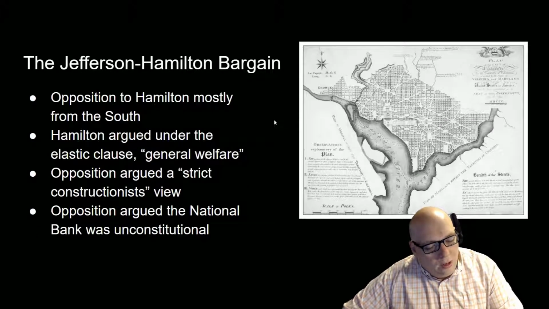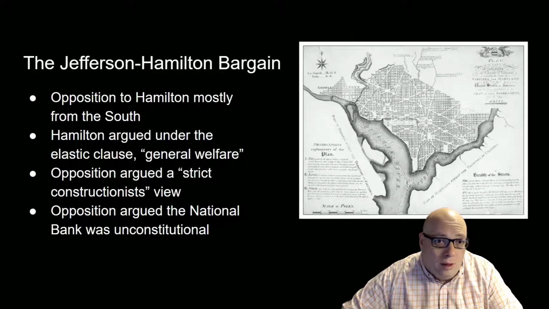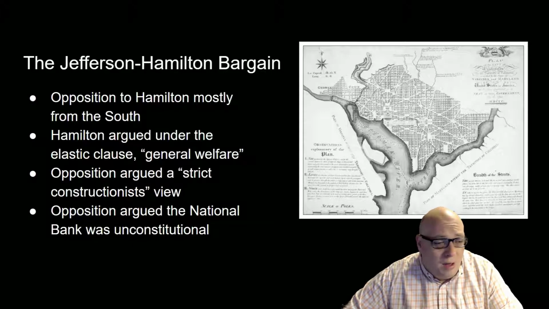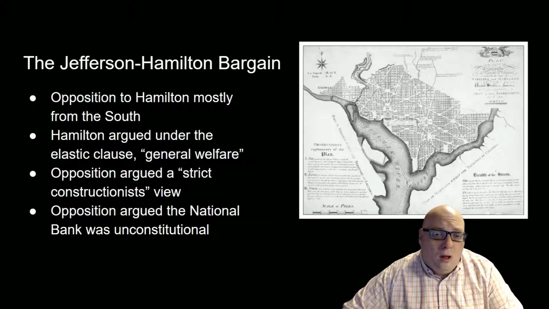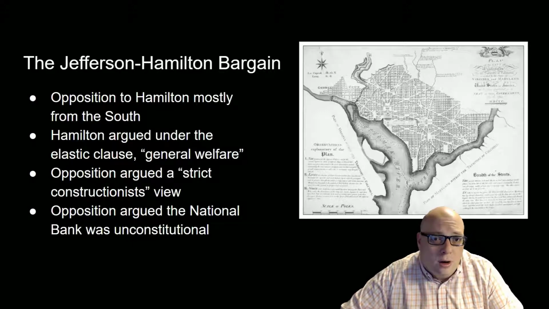So one of the things that came into issue was this idea of the national bank itself, which is a big part of Hamilton's plan for economic security of this country. Jefferson's going to argue that this bank is not in the Constitution at all. It is not in the Constitution. Hamilton will argue that, well, you have the elastic clause of the United States Constitution, which basically says providing for the general welfare of this country.